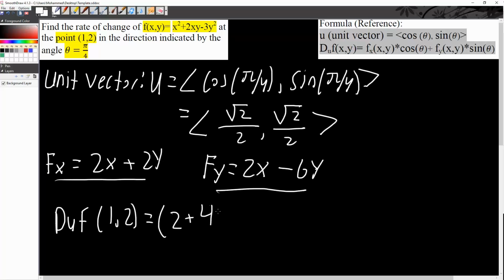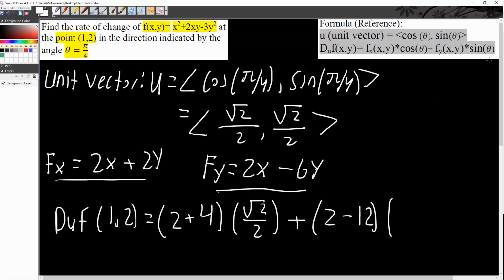So 2 plus 4 times cosine theta, which will be the square root of 2 divided by 2, plus, we do the exact same thing. We insert 1, so we get 2, minus 6 times 2 is minus 12, and this sine theta is going to be square root of 2 divided by 2.